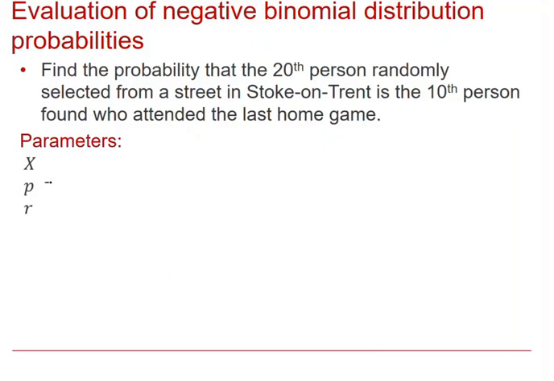We were told to assume, and I will tell you again, that the probability of a person being found on a street in Stoke-on-Trent who attended the last home game is 0.4, and clearly we want to find 10 people, and X is the random variable, how many people we need to ask before we find the 10th person who attended the last home game.